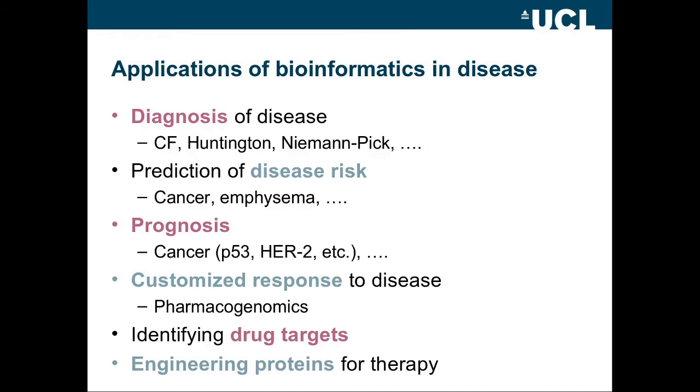And of course, in these days of COVID-19, there have been huge applications of bioinformatics in tracking the virus, tracking mutations and therefore strains of the virus, and understanding how it evolves, understanding what mutations may lead to evasion of the immune response that's been brought about by vaccines, and many, many other applications.